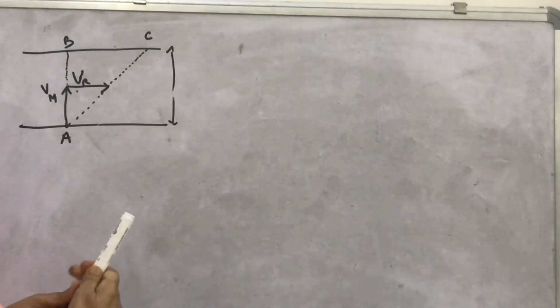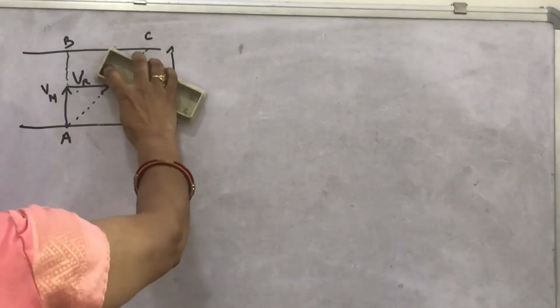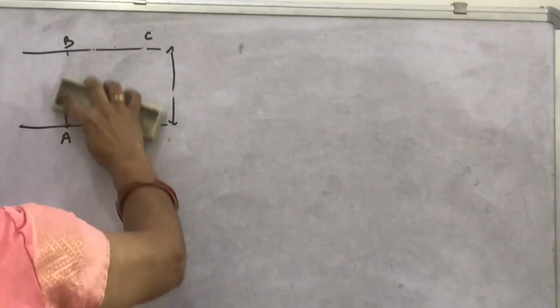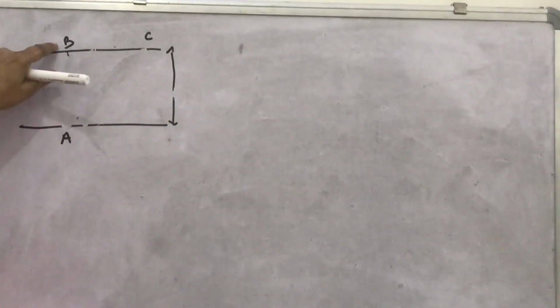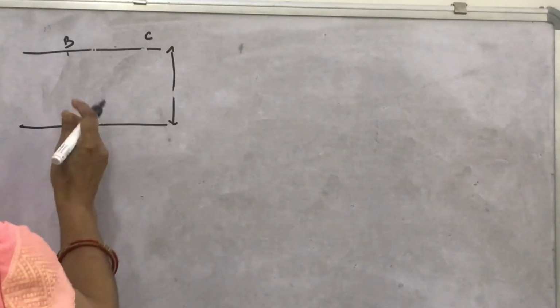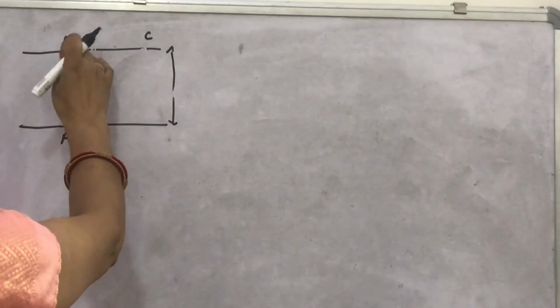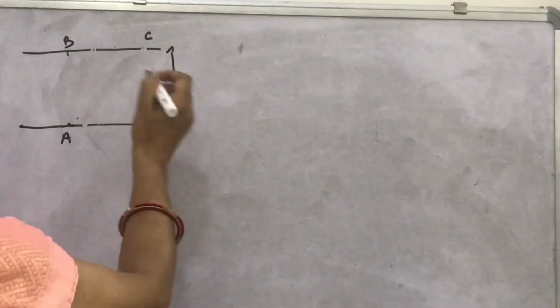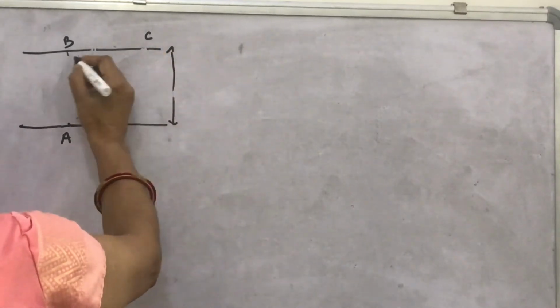A man wants to cross the river with zero drift. It means exactly opposite to the A. He starts from the point A and exactly opposite to that point at the other bank, that is at B, he has to reach. So that means zero drift.